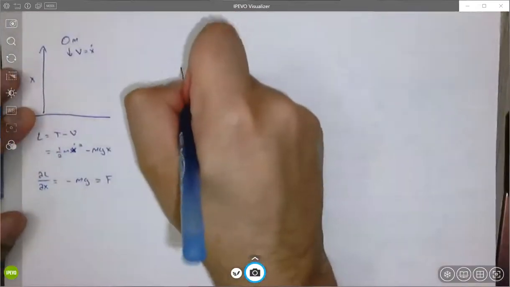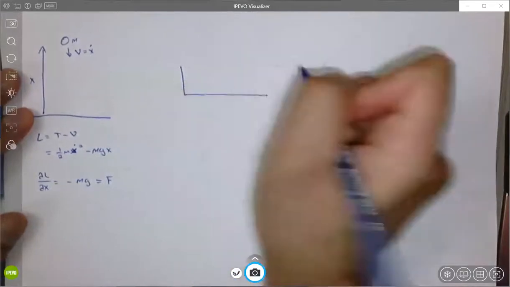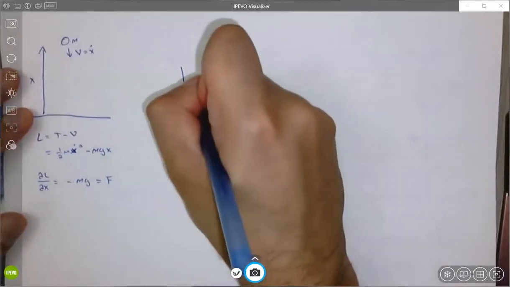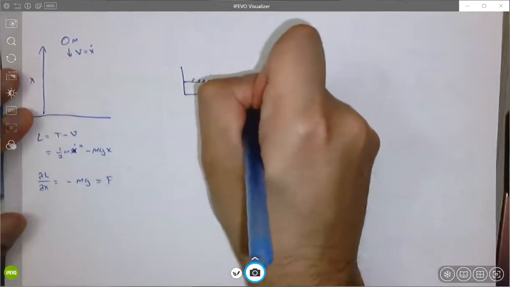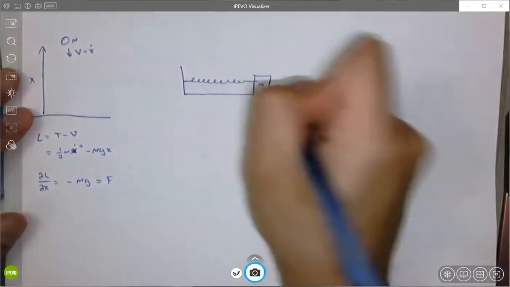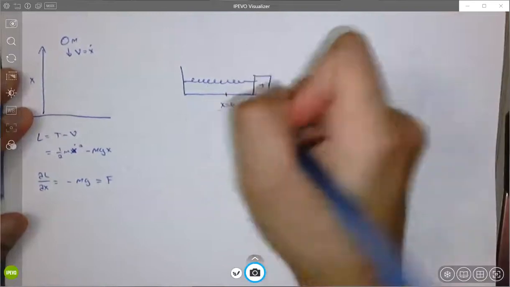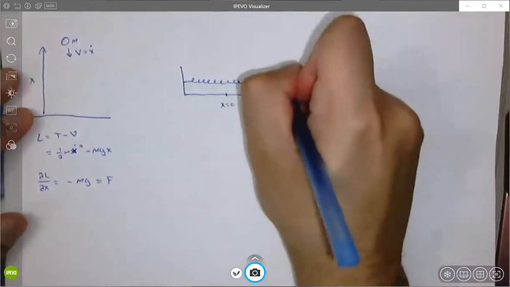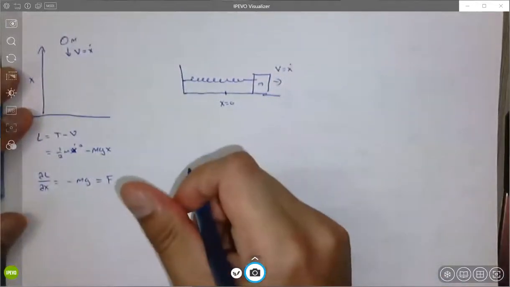How about if we had a spring? We'll take a look at the spring one again in the next video, but let's quickly just write it down so we have an idea. So here you have a spring with a block M attached to it, and we could call this the equilibrium position, x equals 0, and the object has some velocity, v equals x dot here, and then I think that's it.